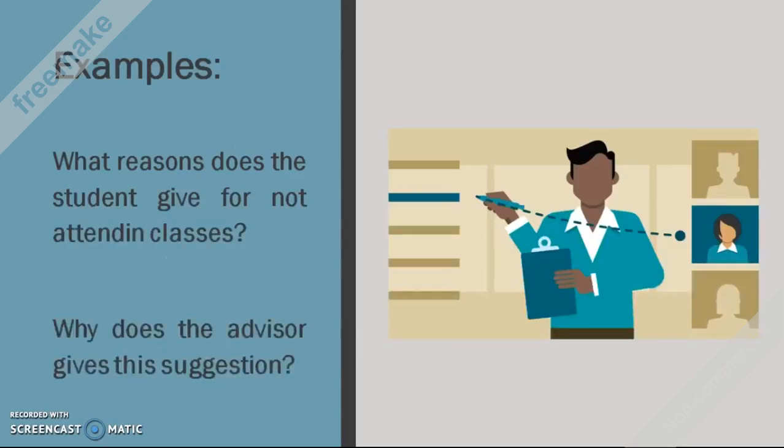So for example, in this type of question you may have something like, what reason does the student give for not attending classes? Or why does the advisor give the suggestion? For example, you will hear something like this. Number 1. What reasons does the student give for not attending the internship fair?